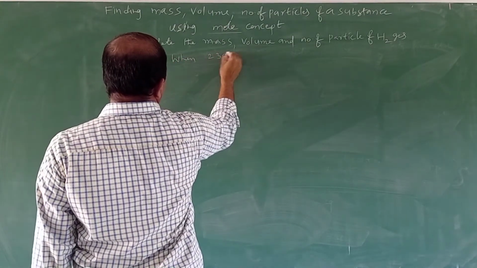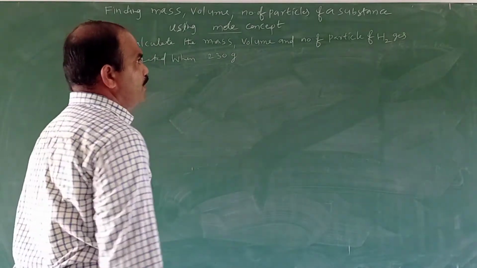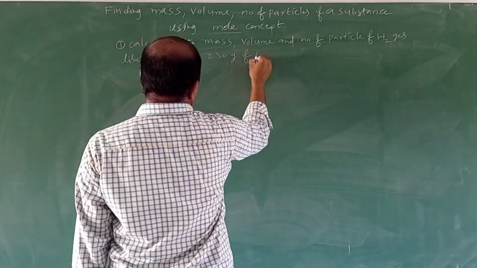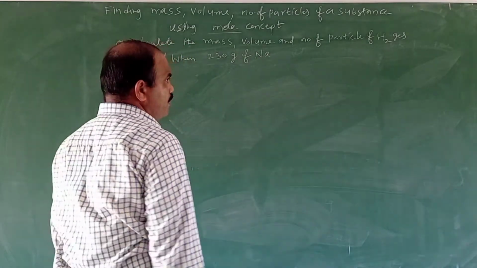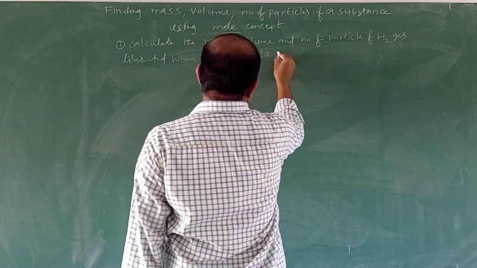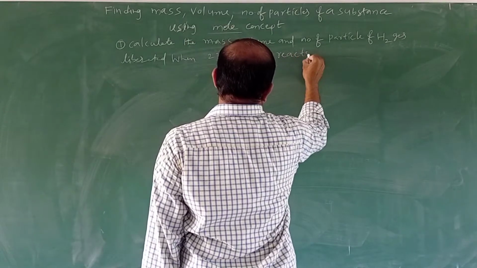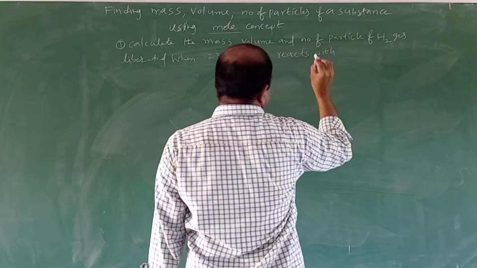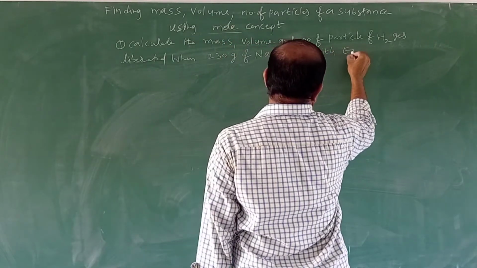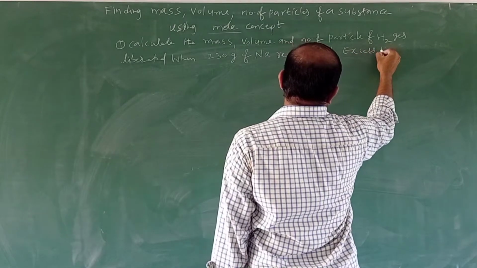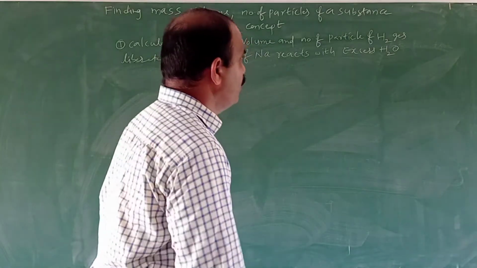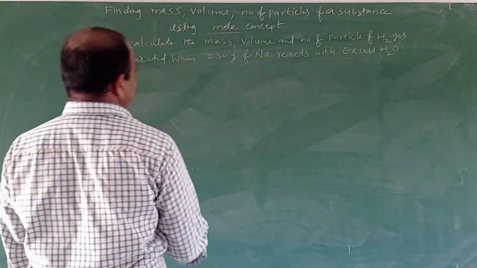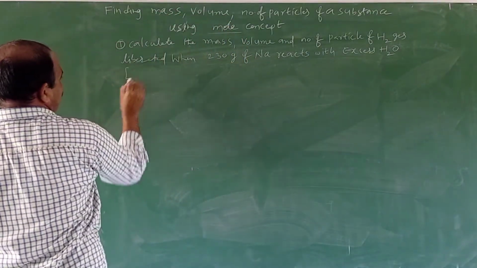when 230 grams of sodium, here Na is sodium, reacts with excess water. H2O is water, and within the bracket they will be given like this.